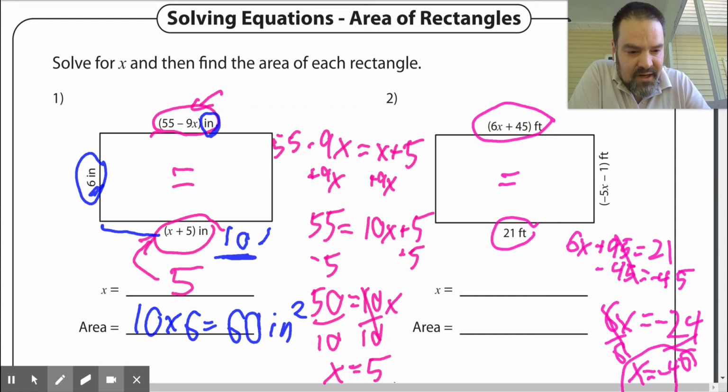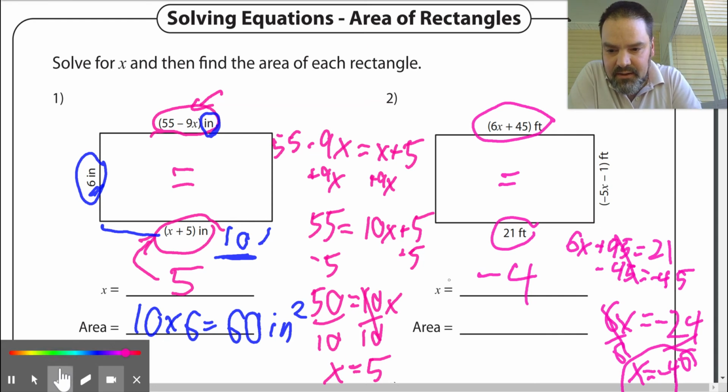Now, that might freak you out because we're dealing with geometry. Geometry things should have actual lengths. But remember, the x is not a length in and of itself. It's just a number that makes up part of it. So the x is negative 4. That is actually perfectly fine. I just use that to help me along the way. Now, you'll notice I already have my length.